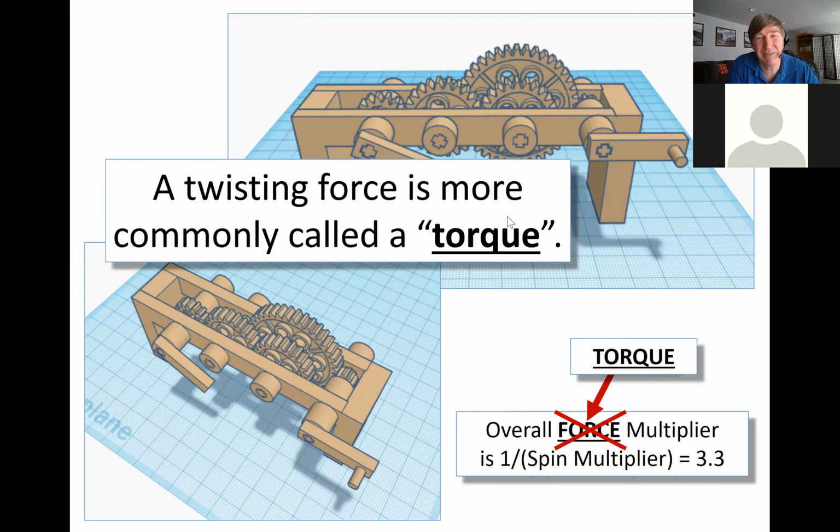Well, in physics, when we talk about a force, we're talking about a linear force. So it's either a push or a pull. It might be a vertical push or a vertical pull, but it's always a linear force. So whenever we talk about a twisting force in physics, we always call that a torque. So from now on, instead of calling it a twisting force, I'm going to call it a torque, so get used to it.